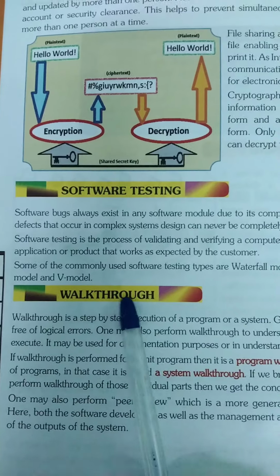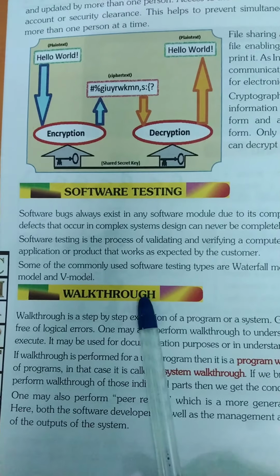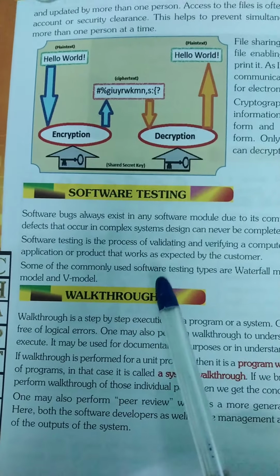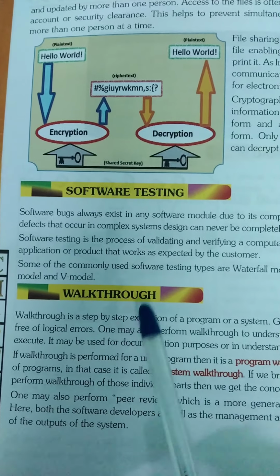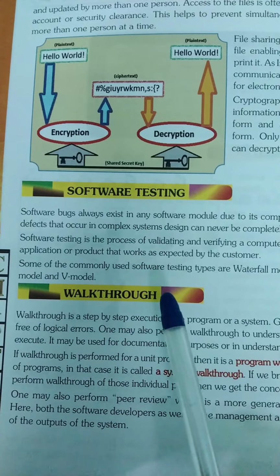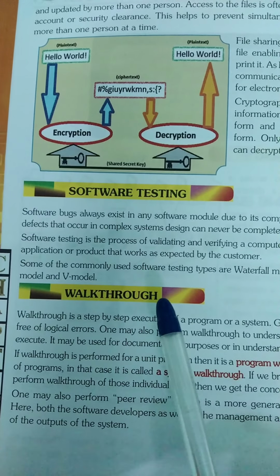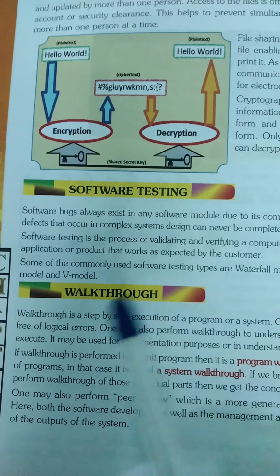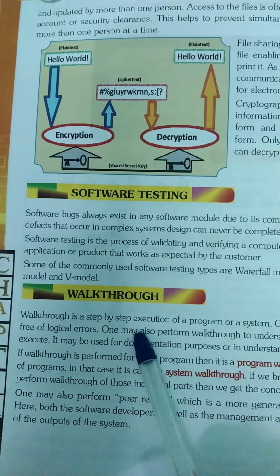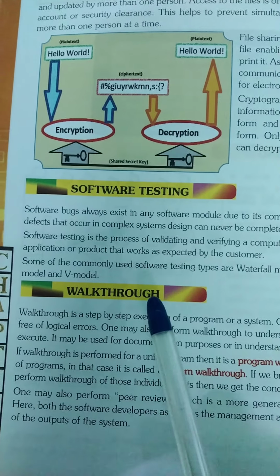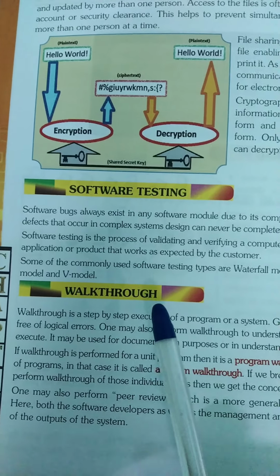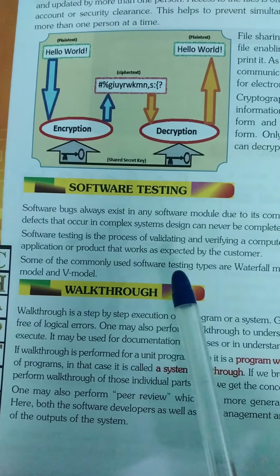The next topic is walkthrough. A walkthrough is a step-by-step execution of a program or a system. With the help of this tool, we can generally make the program free of logical errors. We can avoid the logical errors, and also understand the way in which the program will execute.